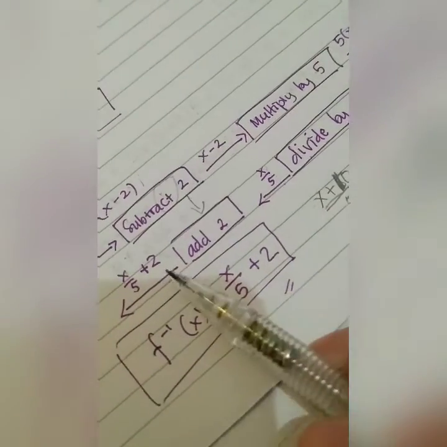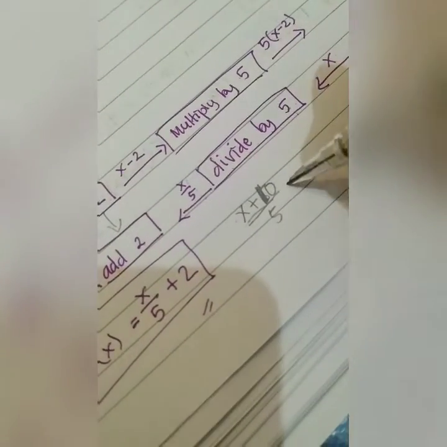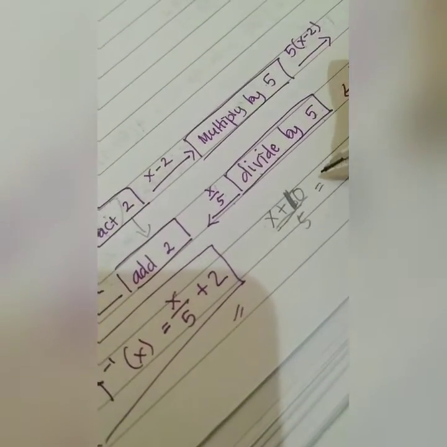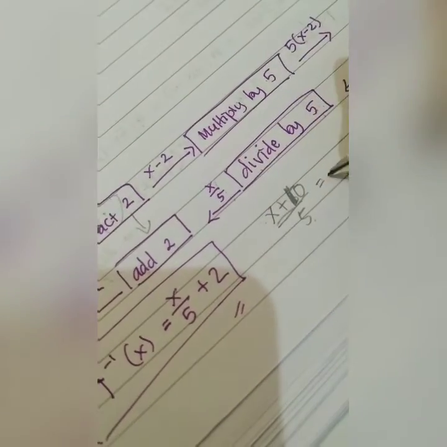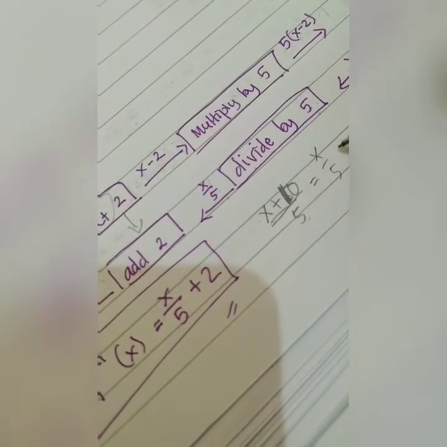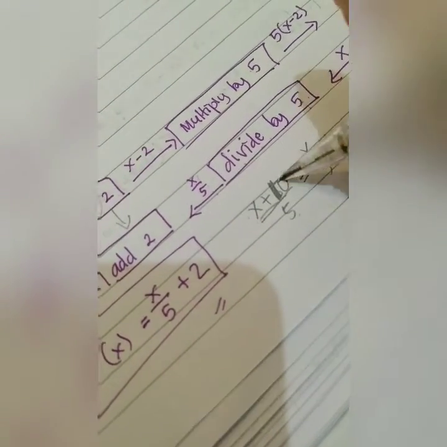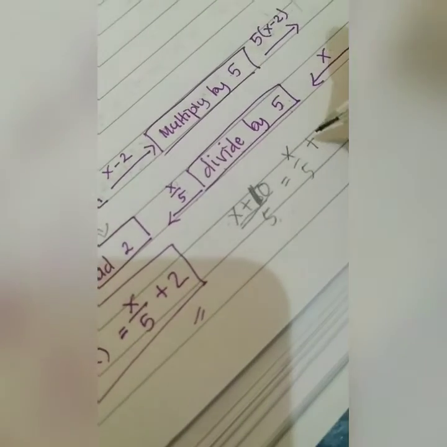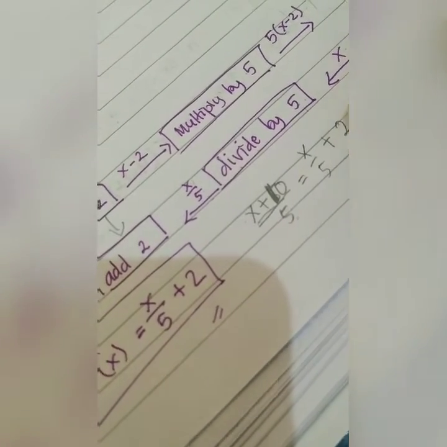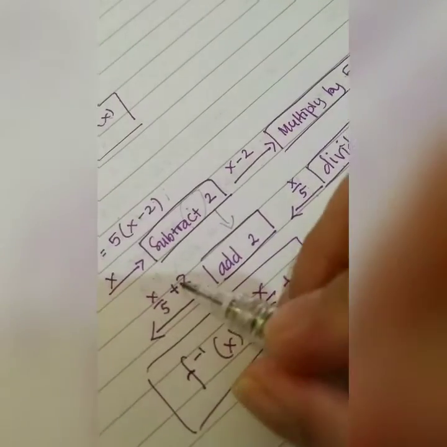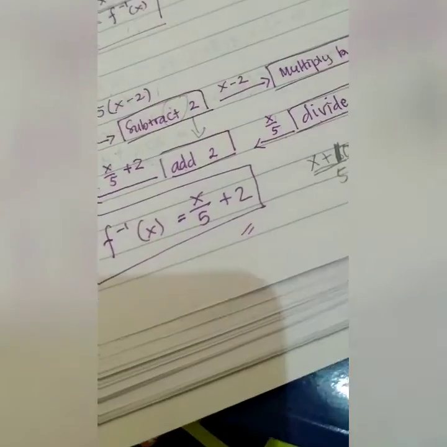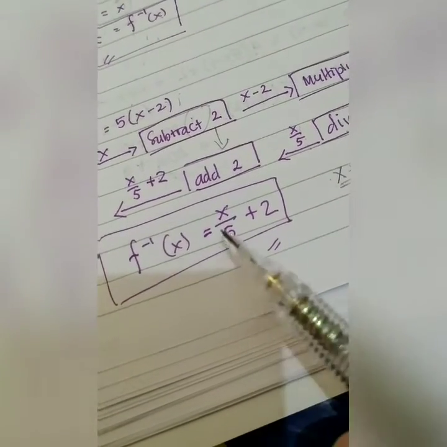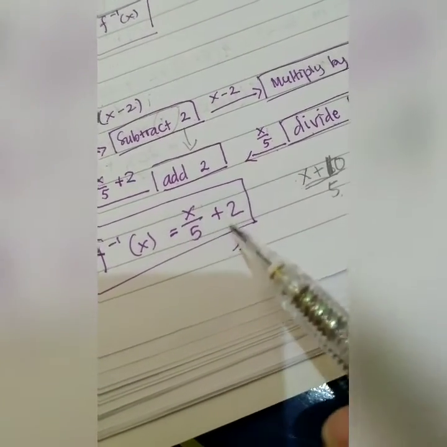Actually it is the same as this, you only need to simplify it, because x over 5 plus 10 over 5 is basically x over 5 plus 2. So it is the same as my answer here. Okay, so the inverse function of g(x) is x over 5 plus 2.